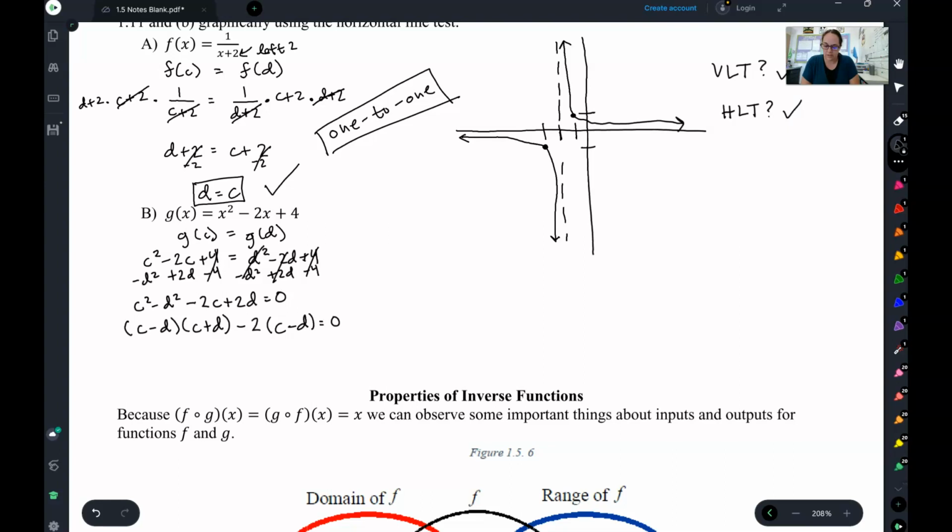Now, if you look at this one and this one, you'll see that they have something in common. This one has a c minus d, and this one has a c minus d. So you could factor that out. If I take a c minus d out of that one, I'm left with c plus d. And if I take a c minus d out of that one, I'm left with a minus 2.